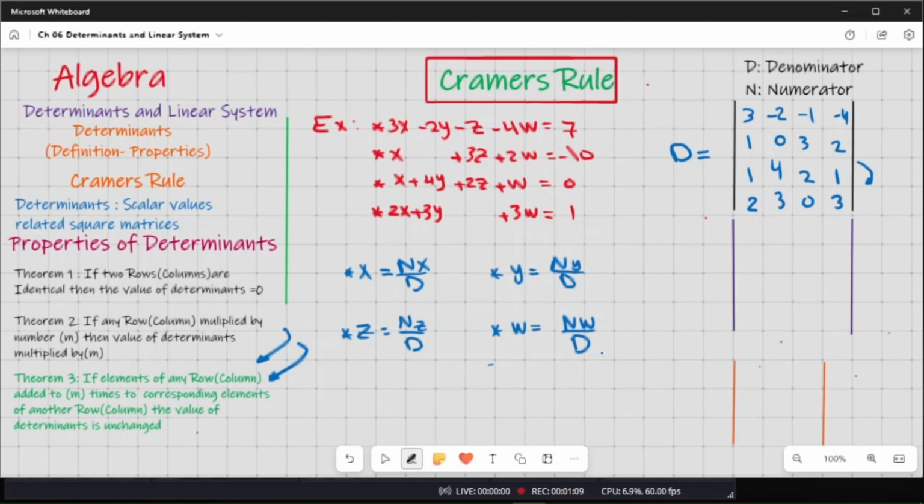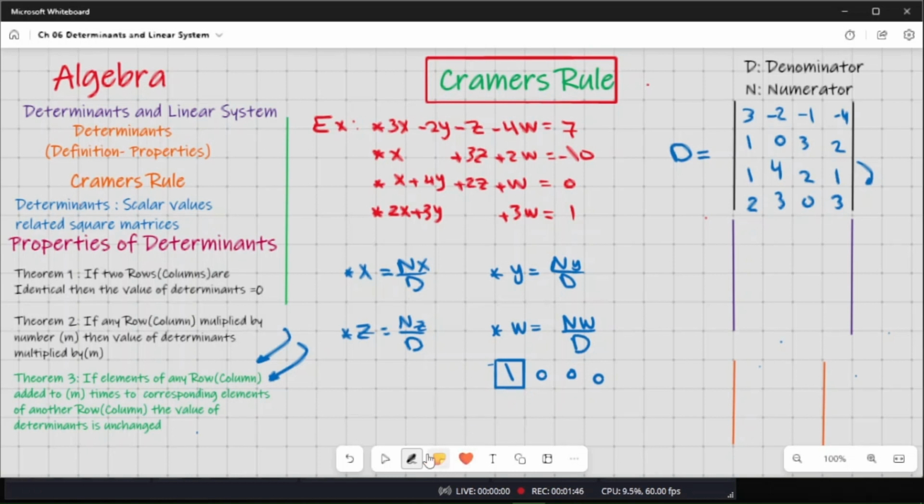Any row or any column we can convert so that one element equals 1 and the other elements equal 0. So to evaluate this determinant we can use just the element 1 into its minor. And its minor in this case will be equal to a determinant of order 3.